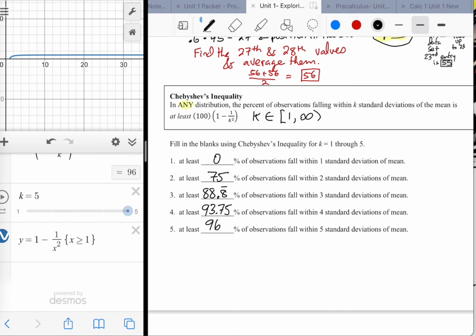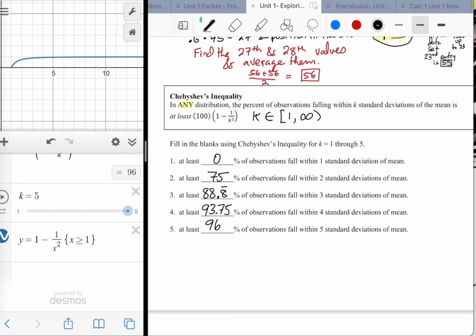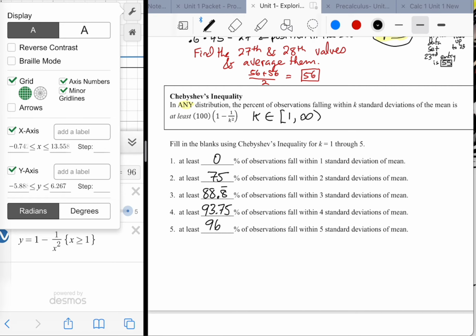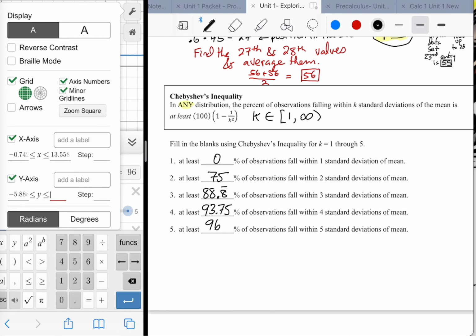If I play around with my domain and my range, I could pretty much go out wherever I want, but the range is going to max out at 100% of the data.